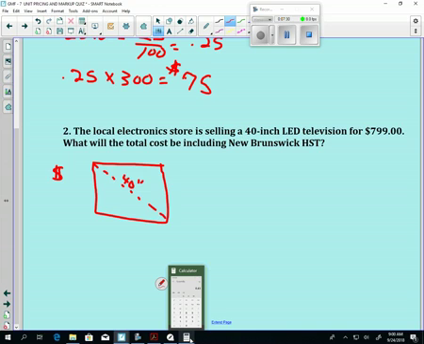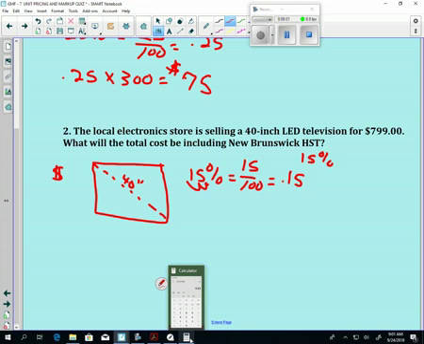So, what will it cost, including New Brunswick tax? So what we want to do is just add the tax to that. In New Brunswick, our HST is 15%. So we take our 15% and we change it to a decimal. That's 15 divided by 100, 0.15. Remember, when you're doing the decimal, you just have to move it twice when you divide by 100.